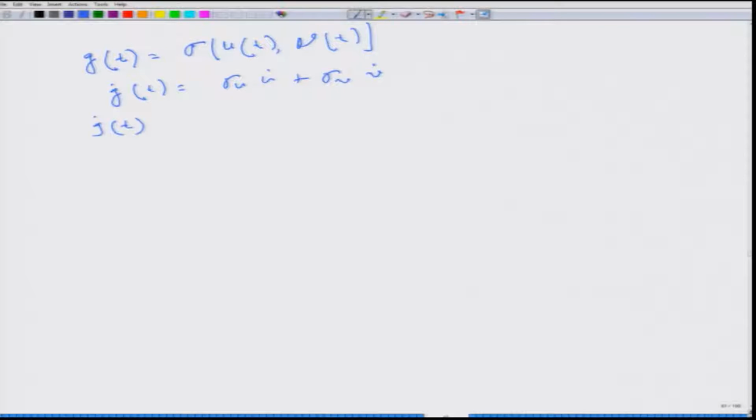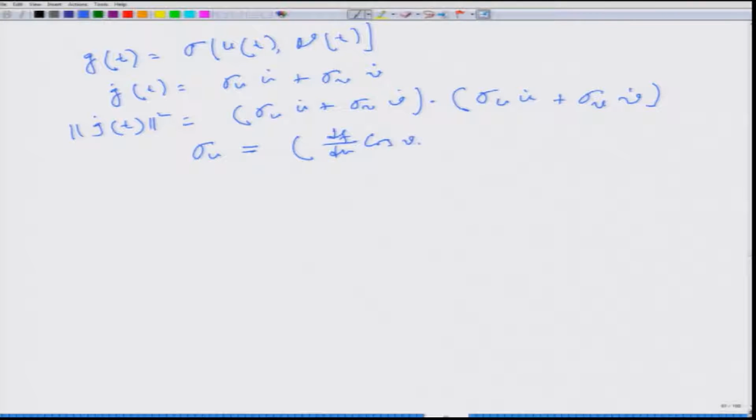Then the norm squared is the inner product of these. Sigma_u is (df/du cos v, df/du sin v, dg/du).